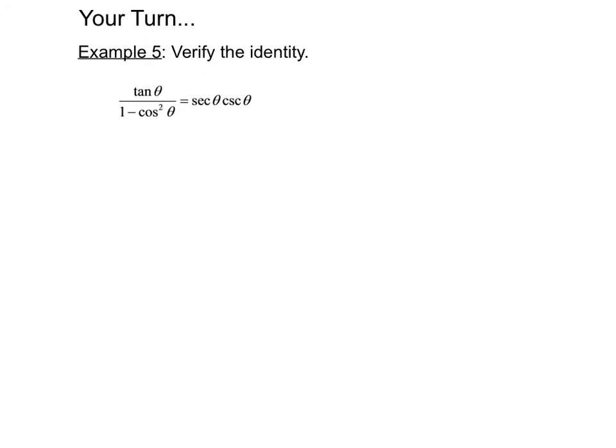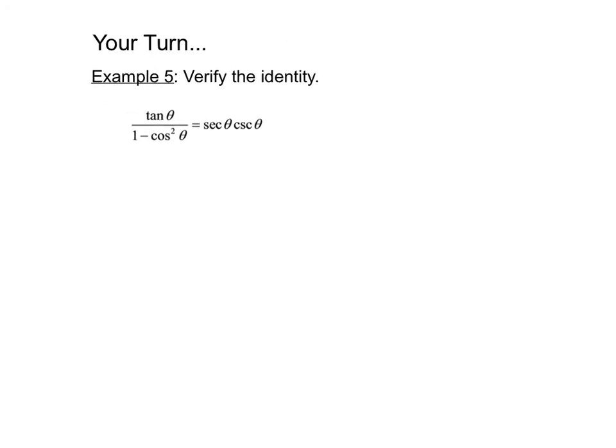Okay, last one. This is where you play around a little bit first. So hit pause, give this one a shot, and then come check. The first thing I'm looking at is that bottom part because that should stick out to me a little bit. So tangent, I'm going to switch that to sine over cosine. Over this 1 minus cosine squared, I'm automatically recognizing that as sine squared.